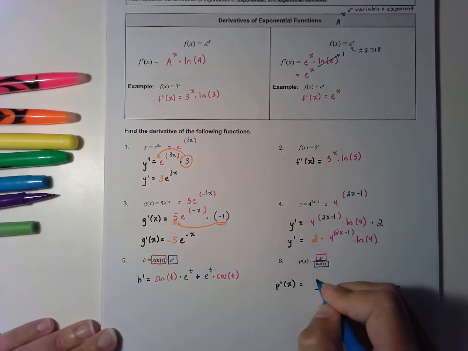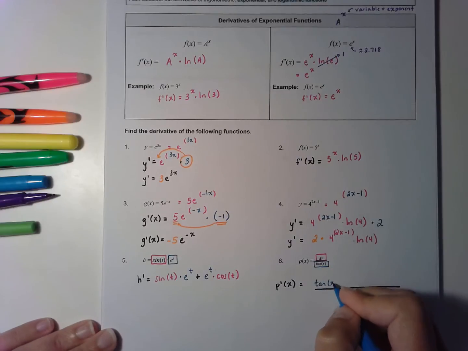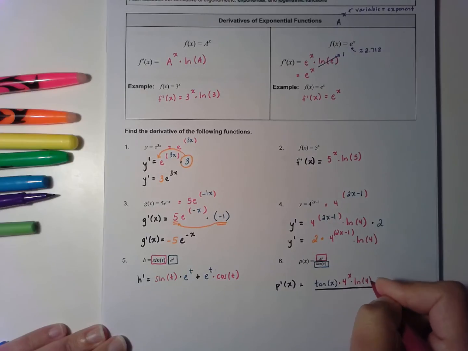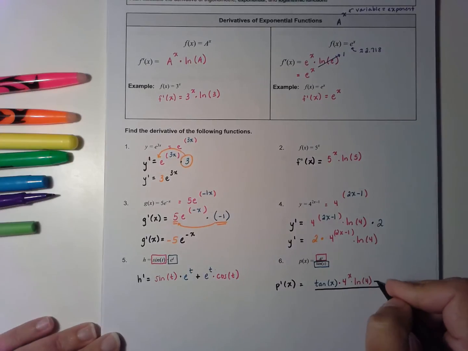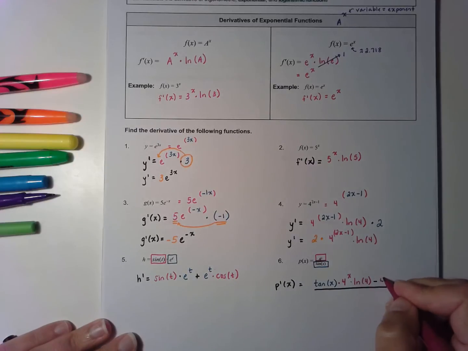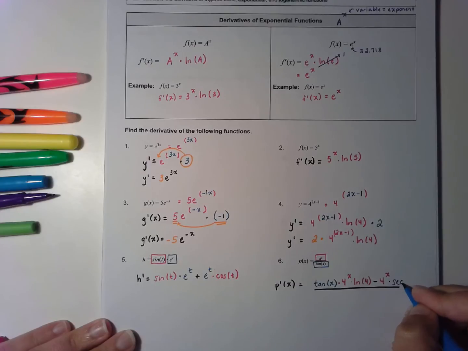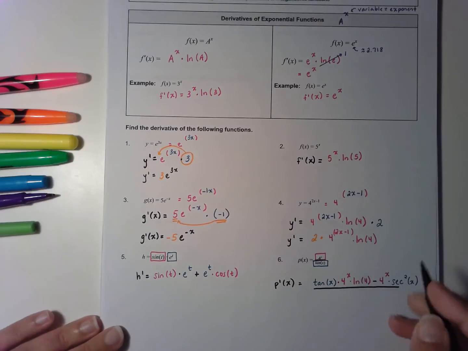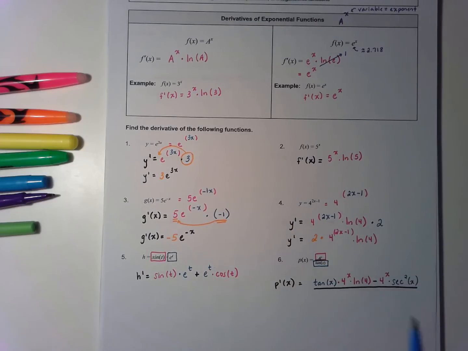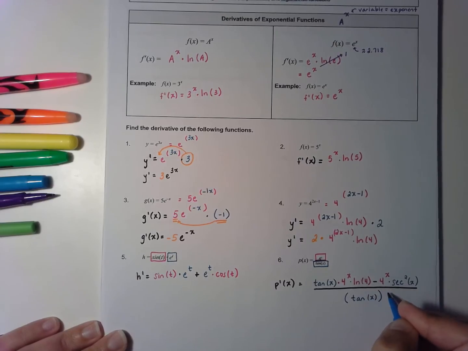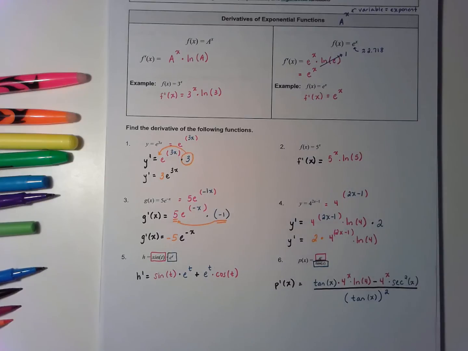So we would start with the low, which is tangent of x, d high, and the derivative of 4 to the x would be 4 to the x power times the natural log of 4, minus high, which is 4 to the x power, d low, the derivative of tangent would be secant squared of x, and low squared, which is tangent, goes down below. So in the denominator, we would just put tangent of x quantity squared, and that would be my answer.